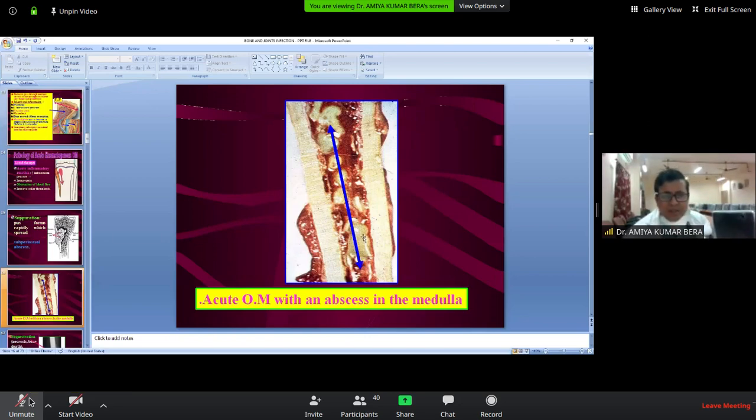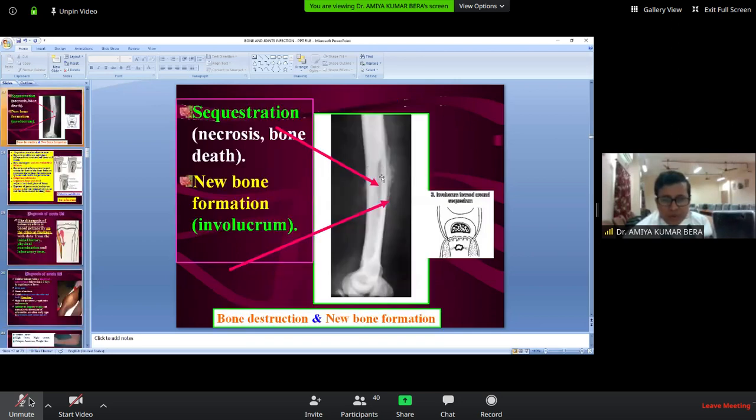What happens next? After the bone is dead, the body tries to separate it out by new bone. Granulation tissue invades on either side, trying to resorb it and phagocytose it. So on either side of the dead bone there will be granulation tissue, reflected by the osteolytic zone. How do you know a bone is dead? Because it has no vascularity.